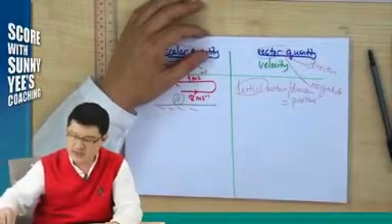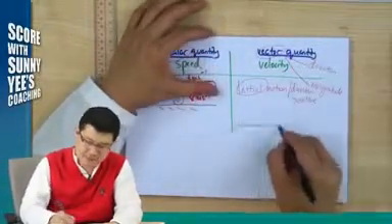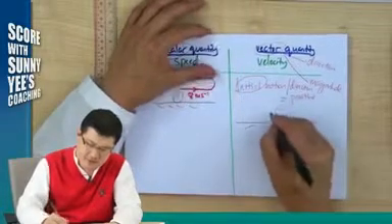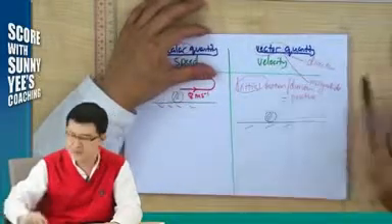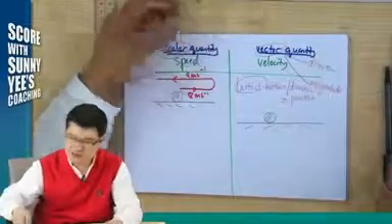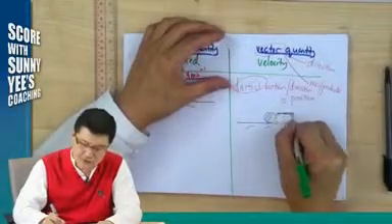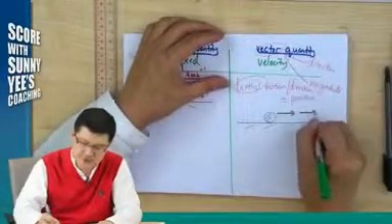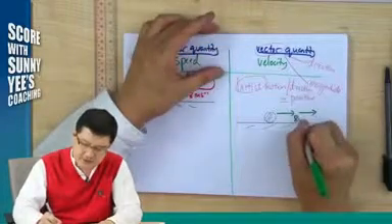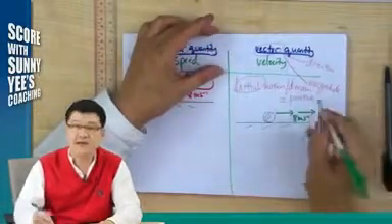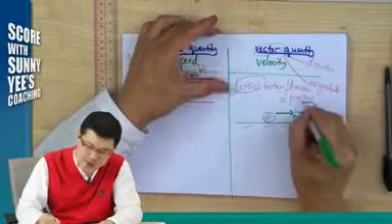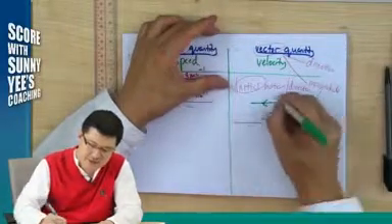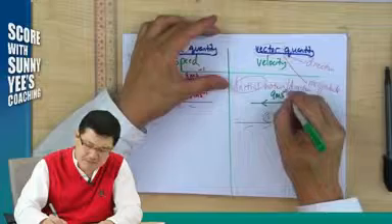Now let's look at one simple example. Say this is the movement. It starts to move to the right at 8 meters per second. After that, it makes a U-turn back with 9 meters per second.